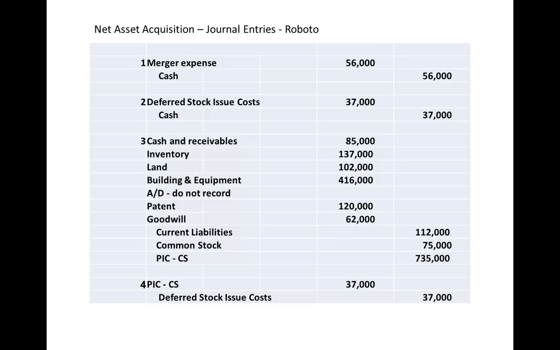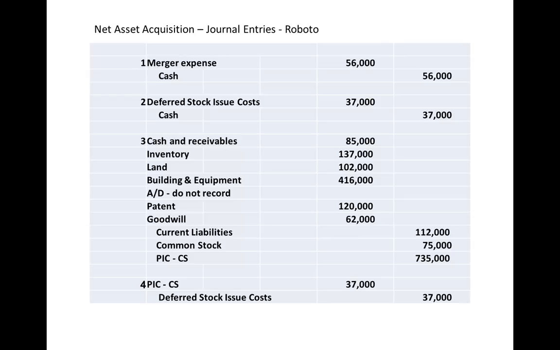After we compute the differential, we're left with recording journal entries for Roboto's acquisition of Kernel, and then we'll look at the journal entries for Kernel selling their assets. I didn't give you this information in the slide, but we have merger expenses of $56,000, and anything that is related to the merger itself will be an expense. So we'll debit merger expense and credit cash.